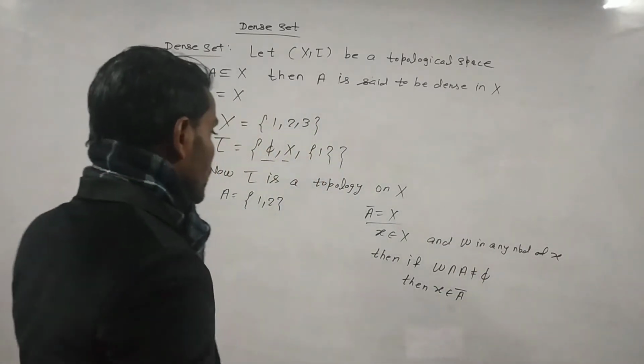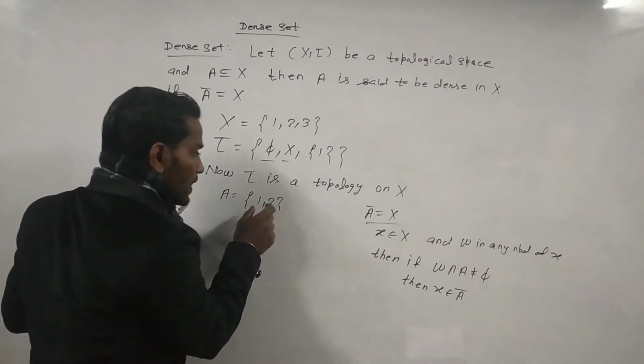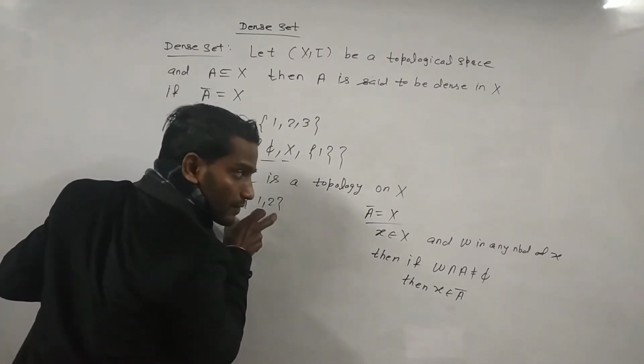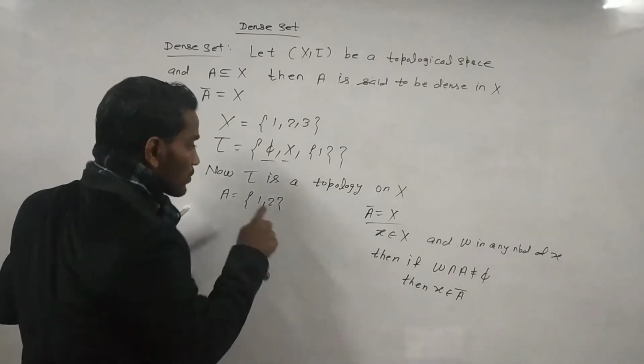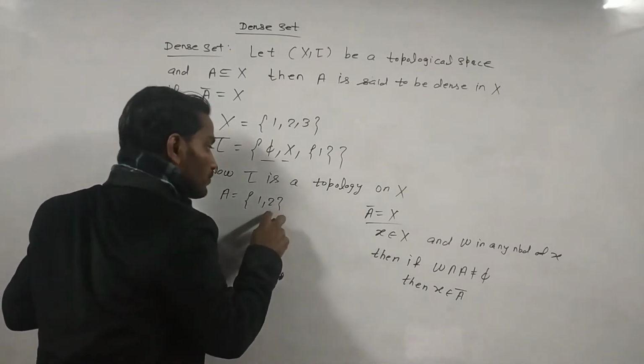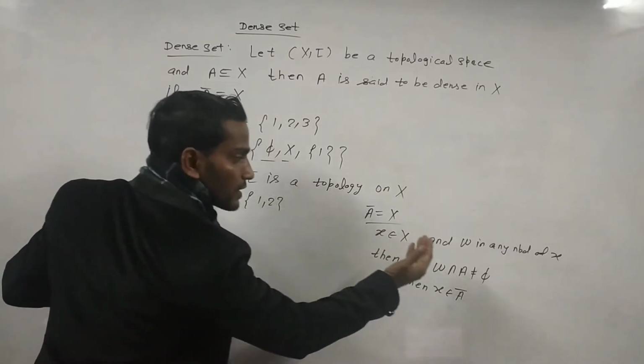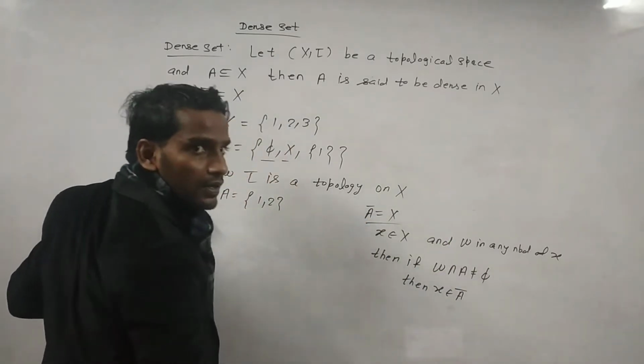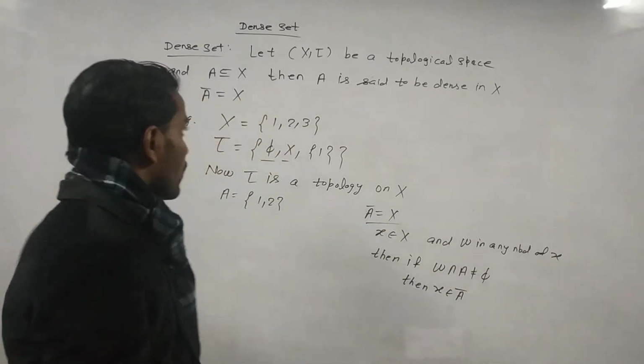Now we will see, if we take any element of set A itself, then take any neighborhood of 1 or any neighborhood of 2, then A intersection that neighborhood will always be non-empty. Here we have to check only 3.